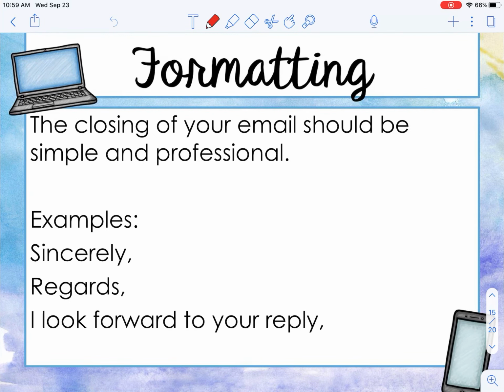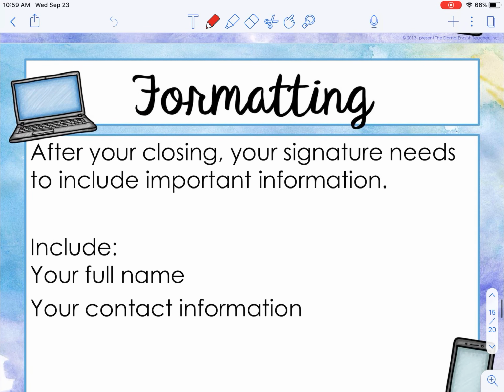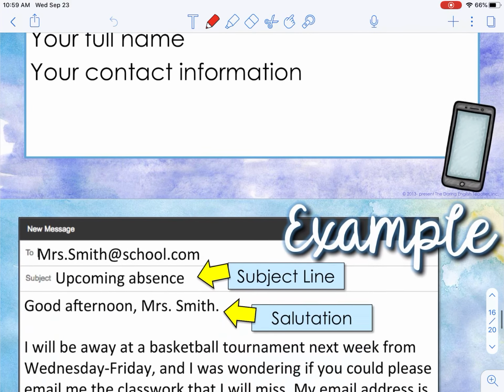Formatting, you want to have a closing where you can use sincerely, regards, or I look forward to your reply. And then you want to have your signature, which is your name. And since your email is already, as far as school goes, easy to reply to, you can just put your name, and you should also probably put your period that you have for that class.